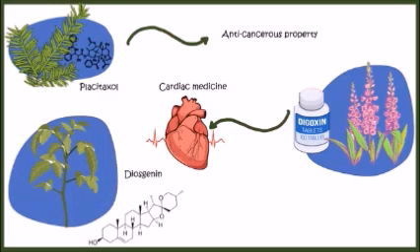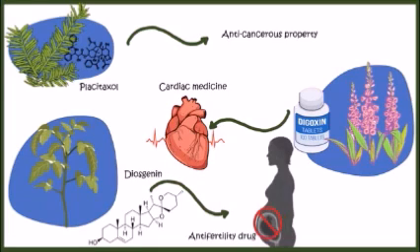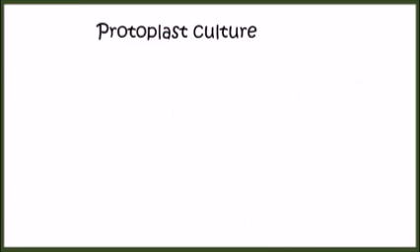Diosgenin, which mimics a steroid-like molecule, is important for birth control pills. So it has an anti-fertility effect. So we understand that secondary metabolites can be grown with suspension cultures and their usage in terms of human benefits.